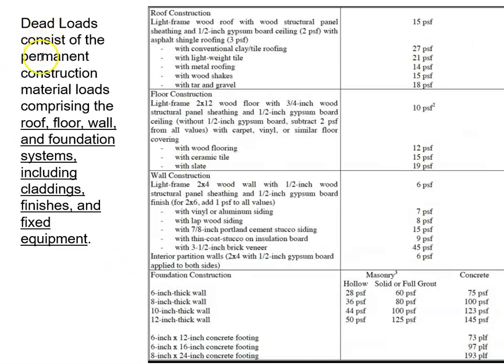Okay, dead loads. This is the permanently installed parts. So roofs, floors, walls, foundations, claddings, finishes, fixed furniture, fixed equipment. So this is the easy part, really. All this stuff has already kind of been figured out, and pounds per square foot, it's all been determined. So once we figure out, again, where the building is, what type of building it is, then the designers will go and figure out how much those particular types of systems weigh.